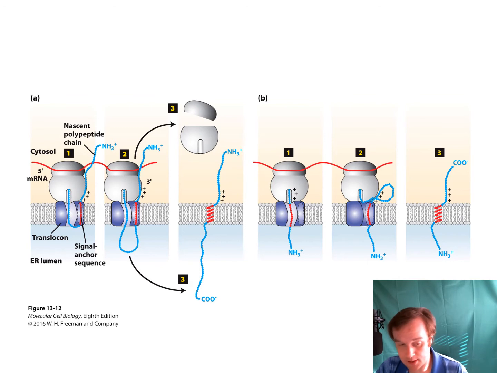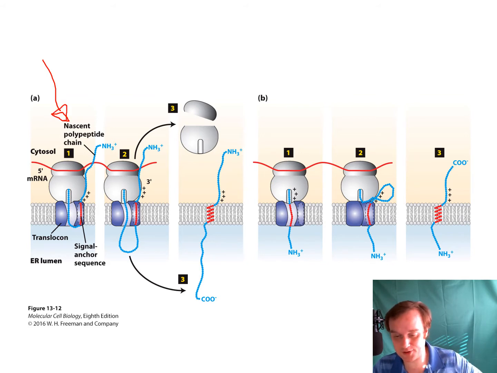So we'll start with type 2 here, and in this we have the SRP that binds to the internal signal anchor sequence that's not shown here, and then it interacts with a receptor on the membrane. So our previous steps, we're kind of jumping to the point where we're actually anchored in the membrane here.